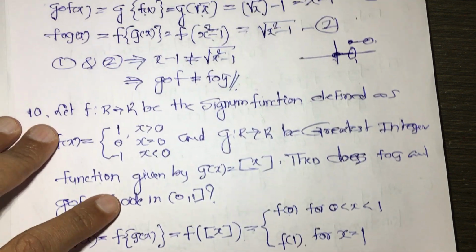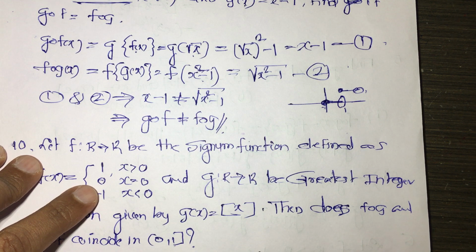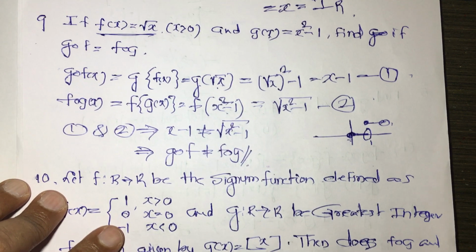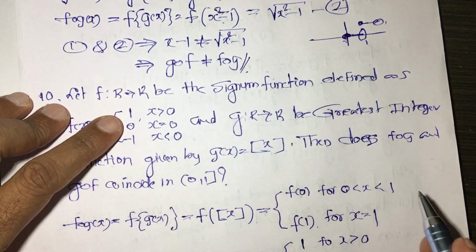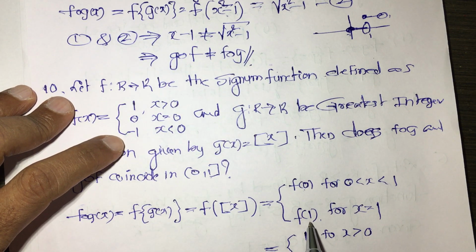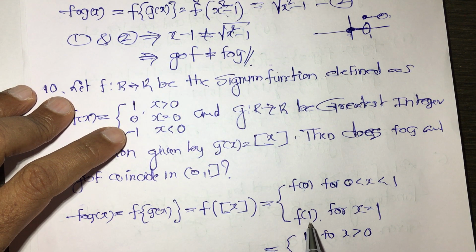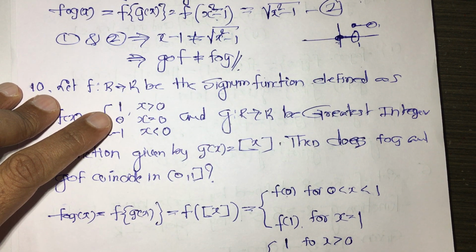See here, f of 0 for 0 less than x less than 1 means it is a number greater than 0, and for x greater than 0 its value is 1. Here you can also write x greater than 0 but less than 1, and f of 1 is also 1.